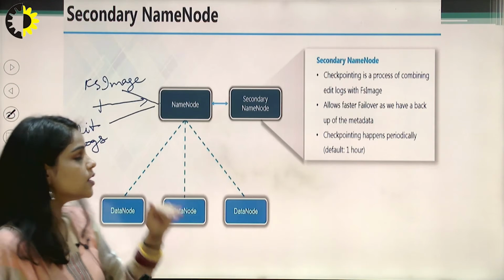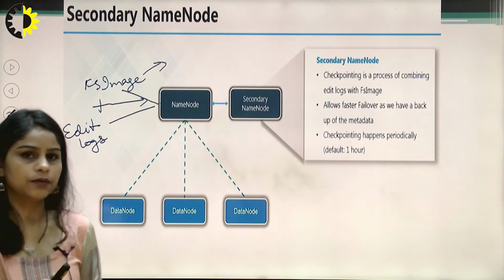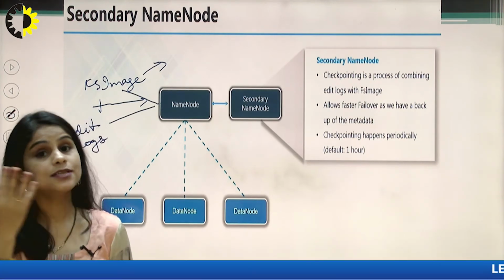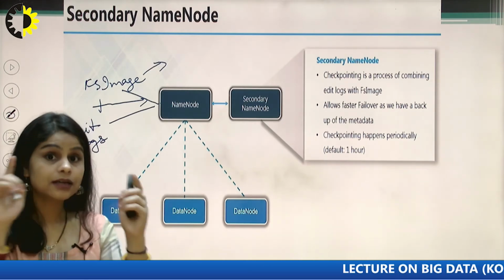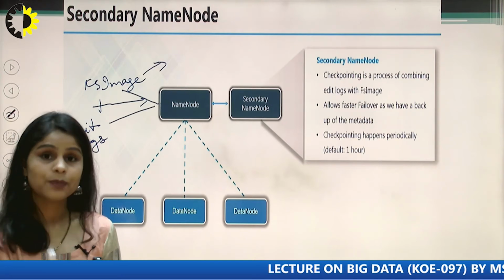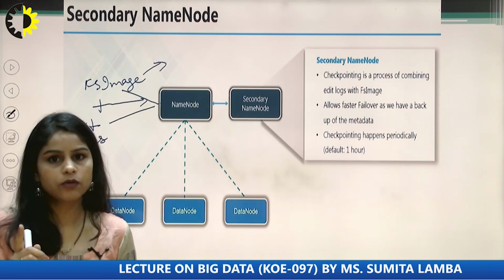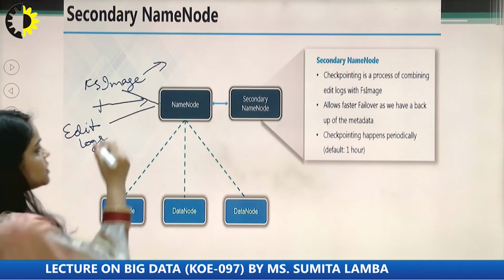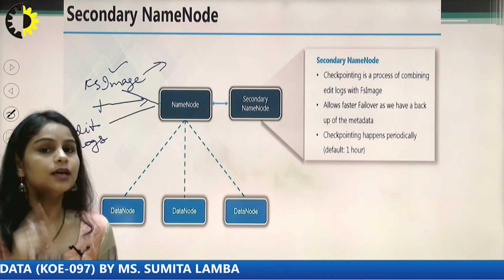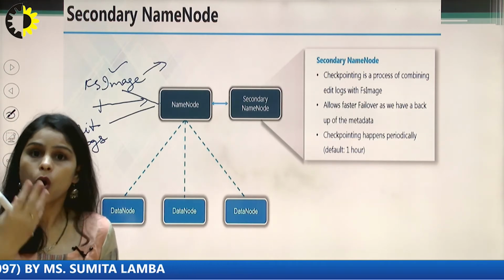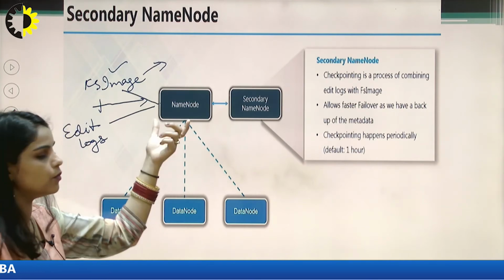Now, understand this. The FS image contains all the information about the name node from the starting of name node. For example, if the entire architecture was dumped in HDFS 20 days back, then from that first day onwards, when the name node was created, FS image is also created in parallel. What will this FS image contain? It will contain all the changes that have been made in the name node.